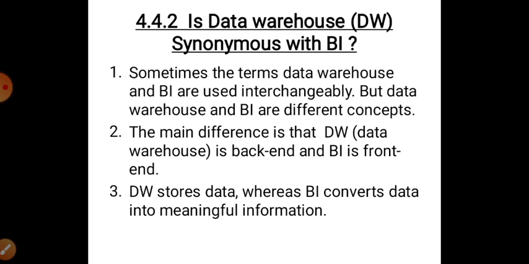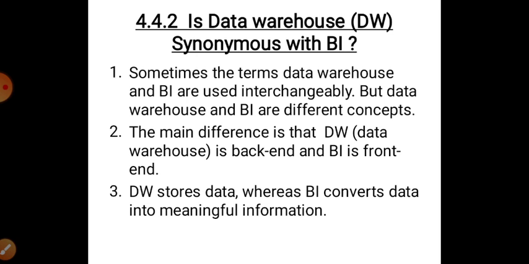Point number 1, sometimes the terms data warehouse and BI are used interchangeably, but data warehouse and BI are different concepts. Point number 2, the main difference is that data warehouse is backend and BI is front end. Students, normally BI and data warehouse, these two terms are used interchangeably.